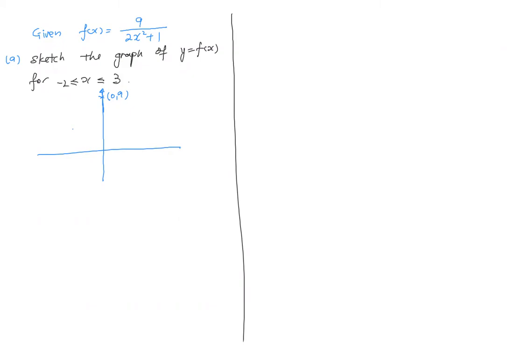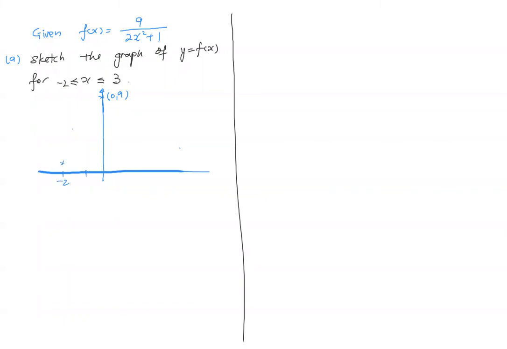You see, I sketch the graph. Yeah, that is what you get from your graphic calculator, I know. So I want to know -2 is 1. So when you sketch, you have to try to be as accurate as possible, okay? -2 is 1.